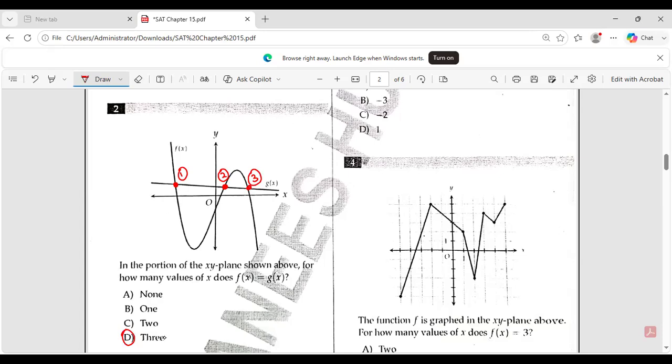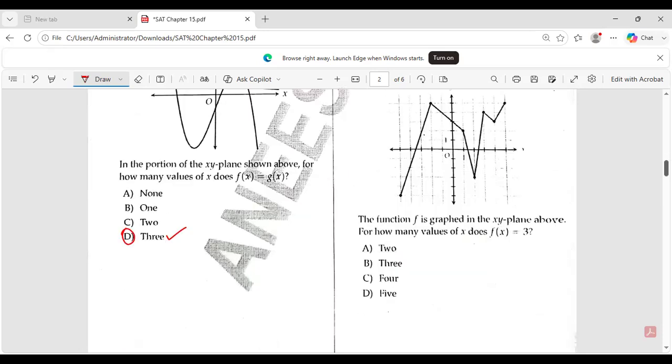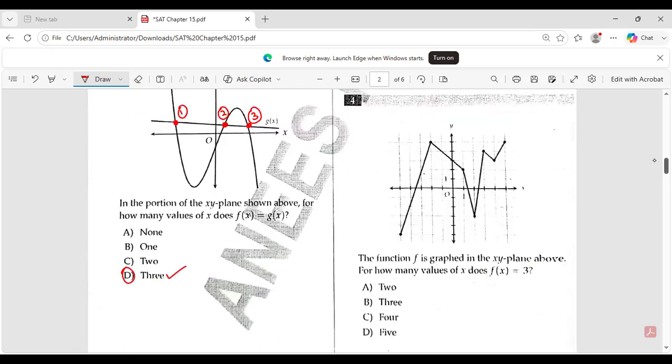The final answer is simply 3. Right? Anshita, are you with us? Yes, sir. Is question number 2 clear to you? Yeah. Okay, great.